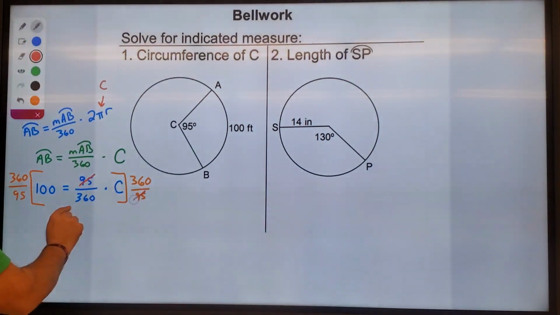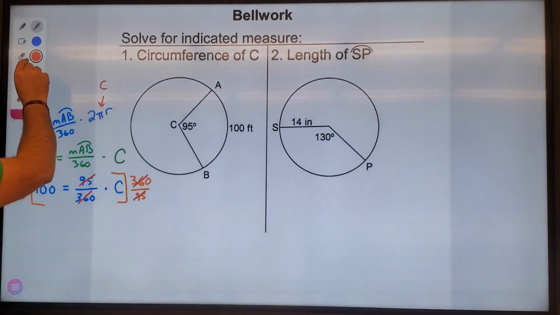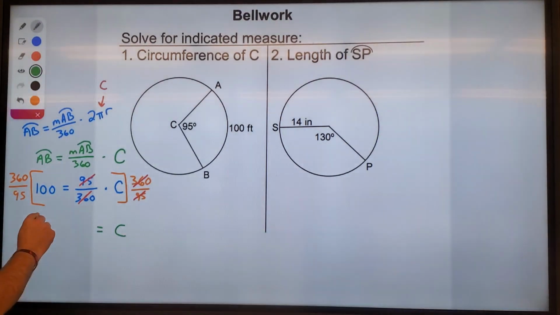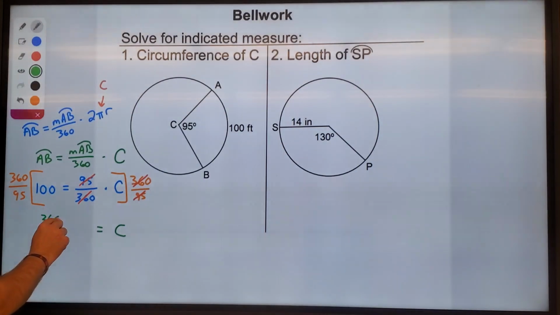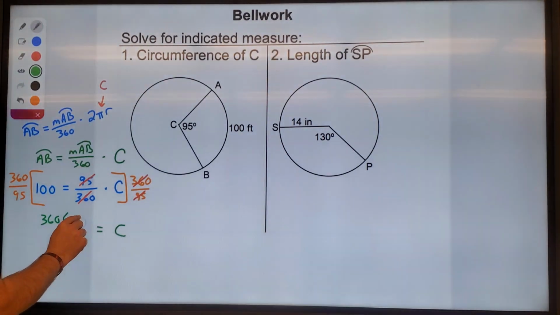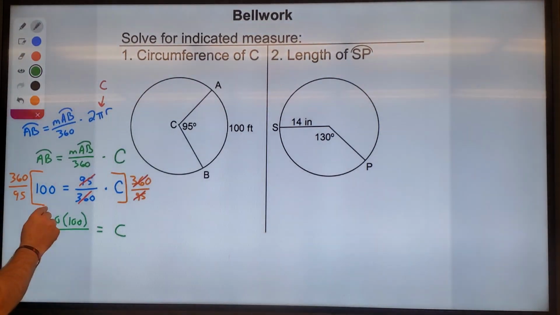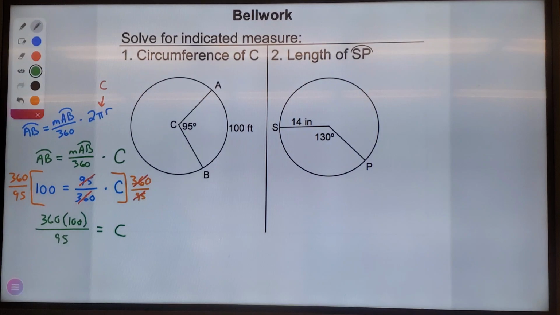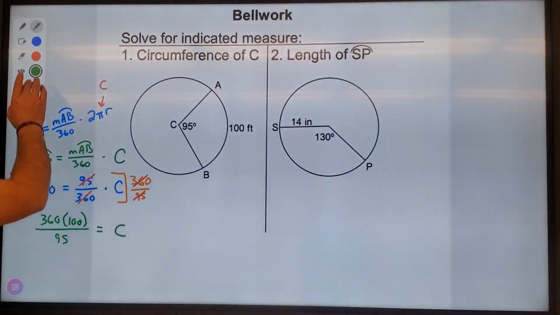These would cancel, these would cancel. That leaves me just C on this side, equals 360 times that 100 over 95 times 1, or just 95. Okay. Again, then I'm going to reduce the 100 over 95. I'm going to divide both of them by 5.